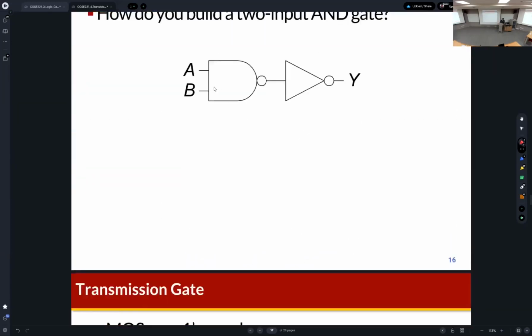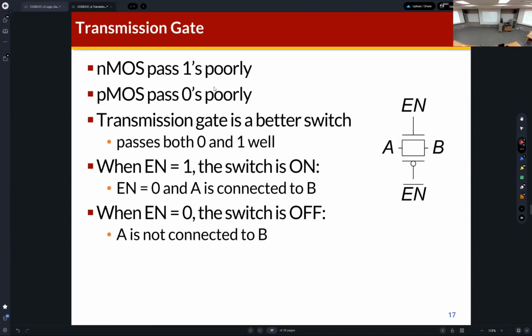So, in order to implement a controllable switch, because of the electric characteristics of the MOS transistor, we need to combine an NMOS transistor and a PMOS transistor. And this gate is called the transmission gate. Transmission gate is just a controllable switch.